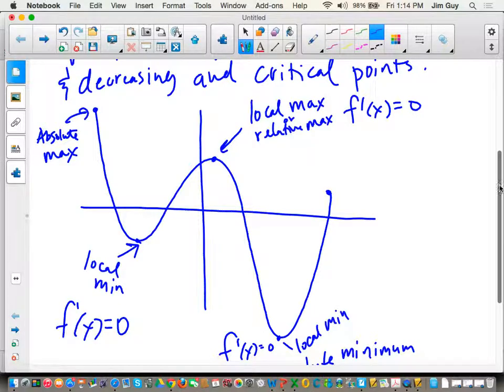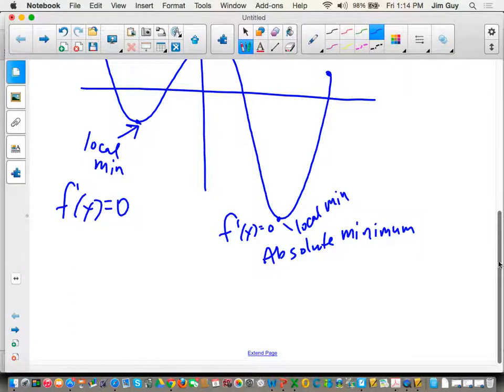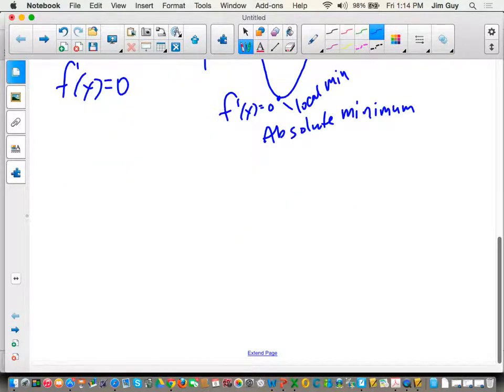So, let's go through each one of the things that I mentioned up there, and keep this in mind here. Let's start with critical point. On the homework, it's going to ask you to find the critical point or critical points.